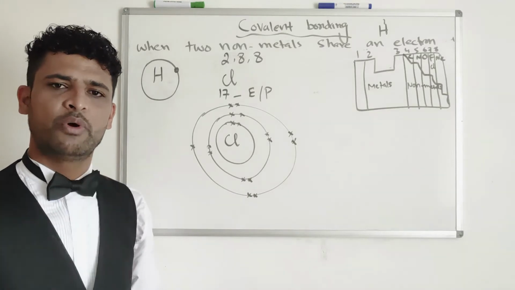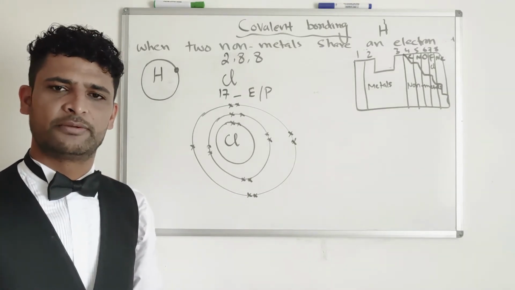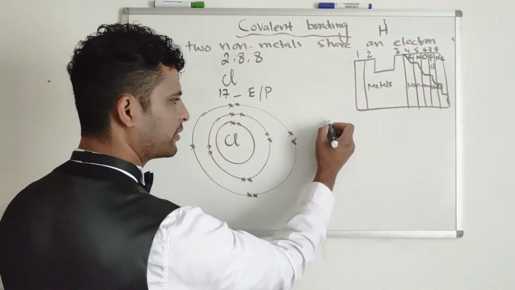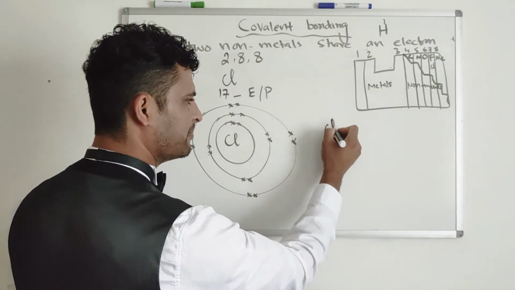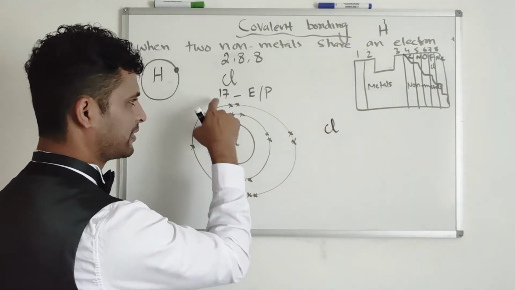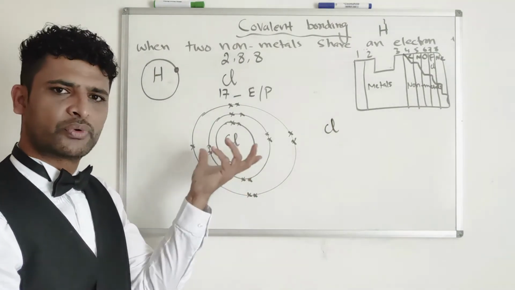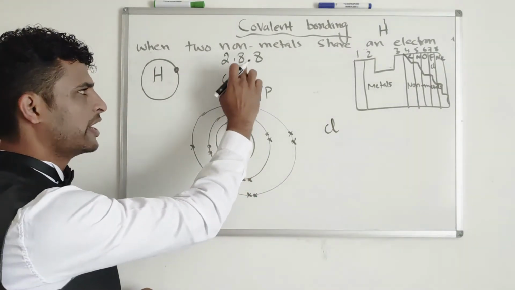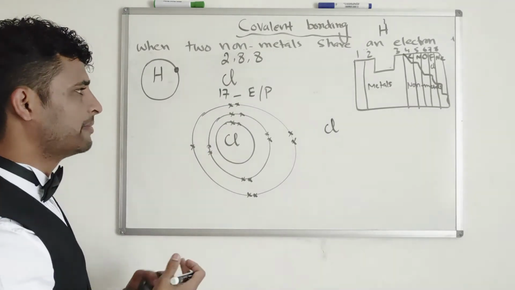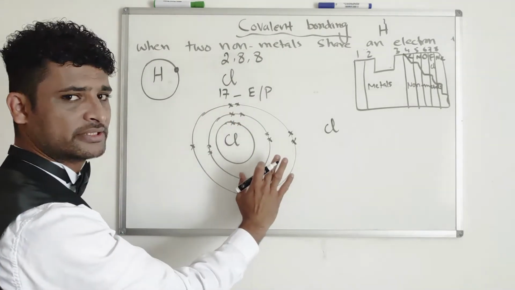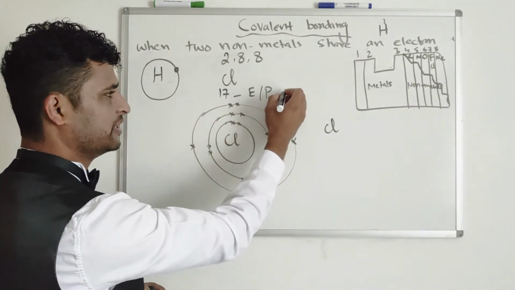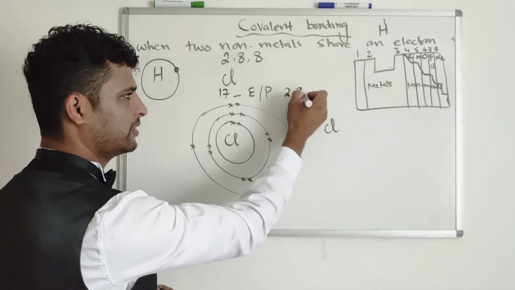It requires 1 more electron, so it will make 1 bond. So this is how you're going to write it. If you have an element with 17 electrons, you sometimes struggle to draw these. If you follow 2, 8, 8, that's fine. If you do not remember that and you don't want to draw this, you can look at 17 and say 2, 8 and 7.